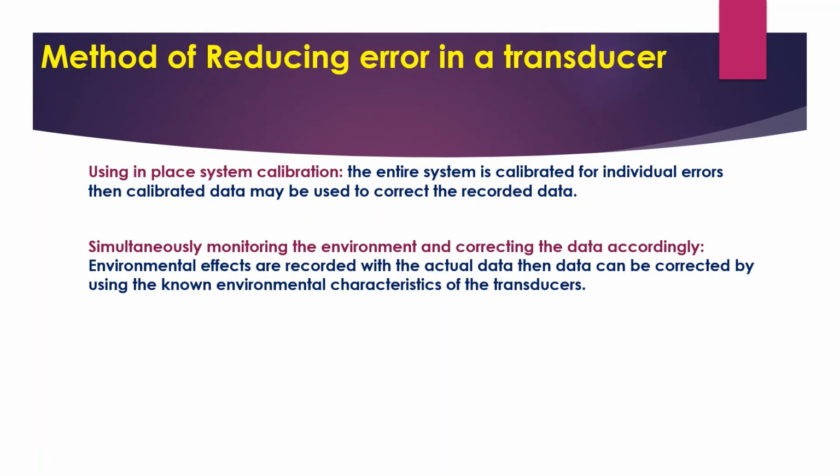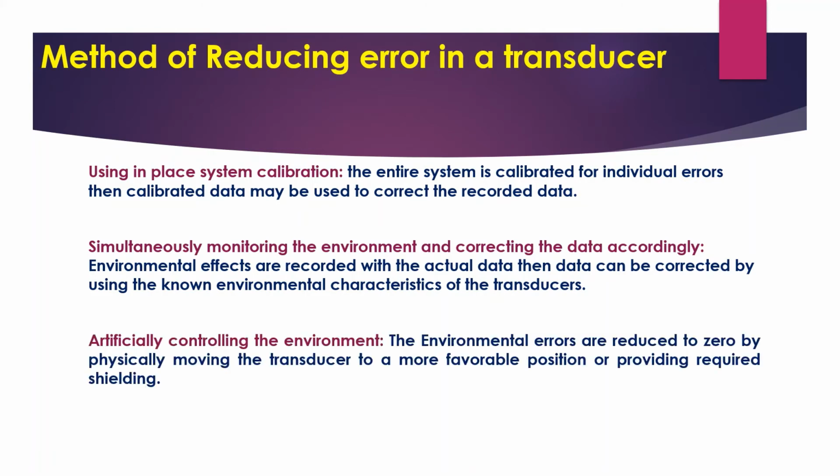And the last one is artificially controlling the environmental condition. I will give you a very good example of this. Suppose there is a machine called ECG, electrocardiograph, used for monitoring the heartbeat of a patient.